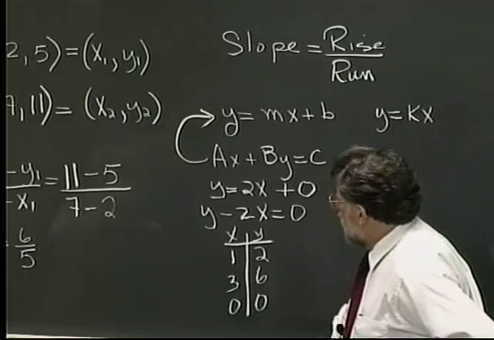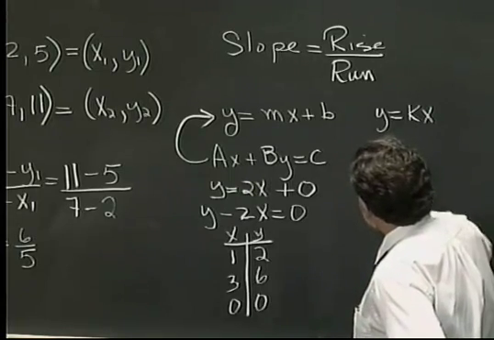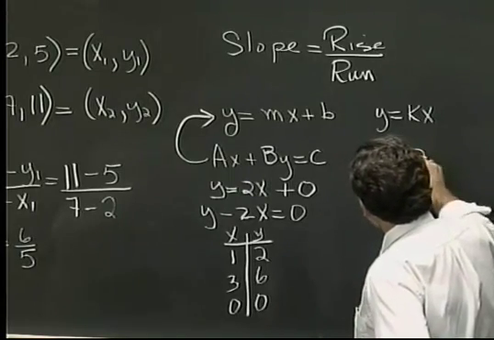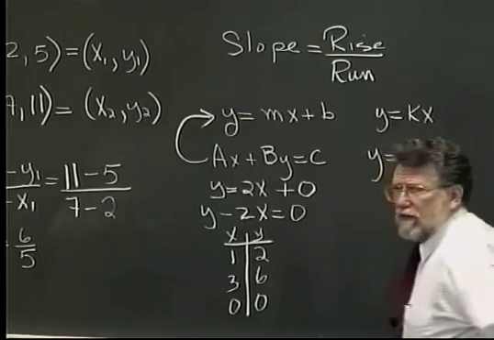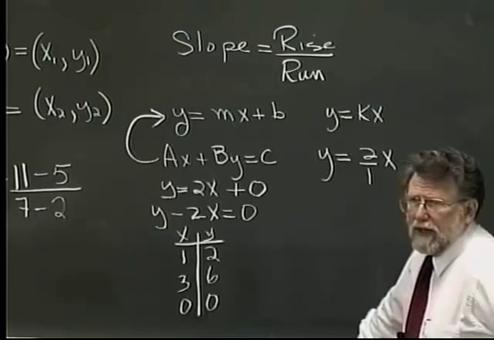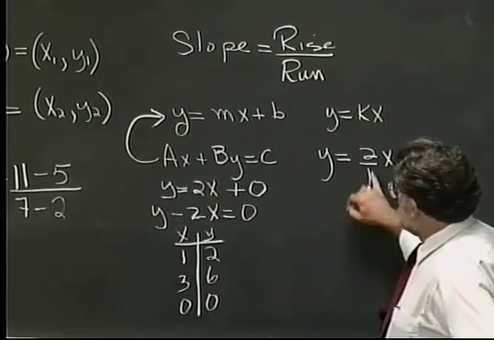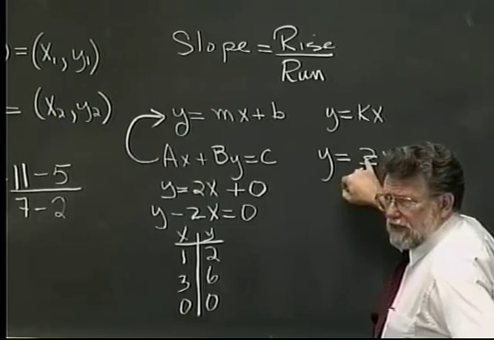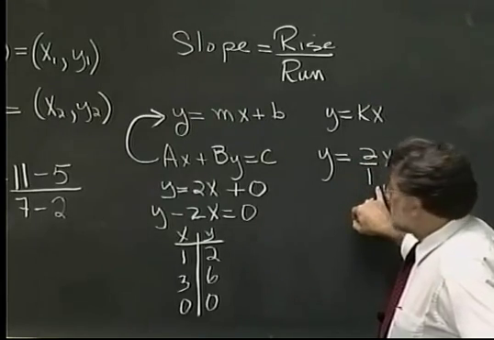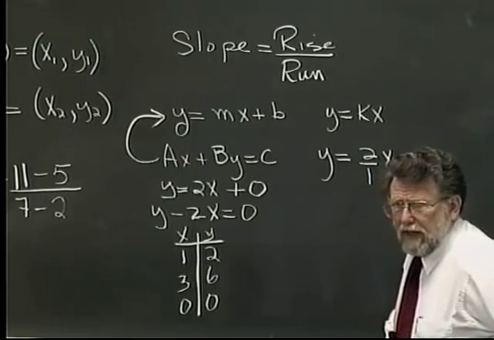There's a lot going on here, but in the process, when I wrote y equals 2 over 1 times x, I want you to realize that I could have written it that way. We'll slide over just a little bit now. Thank you, Ernie. Now this says that the slope is 2 over 1. That says for a run of 1, your rise is 2.